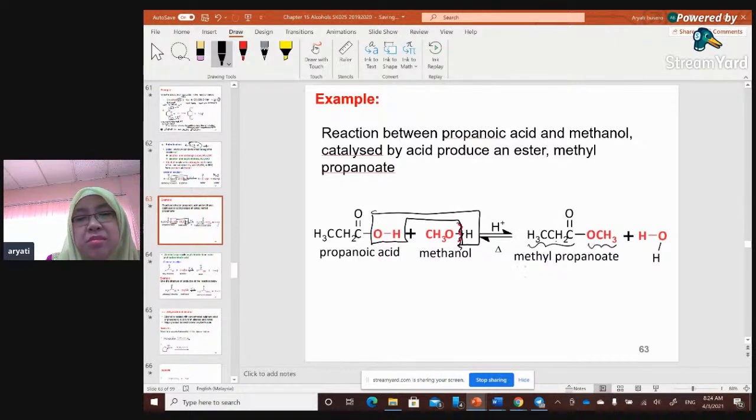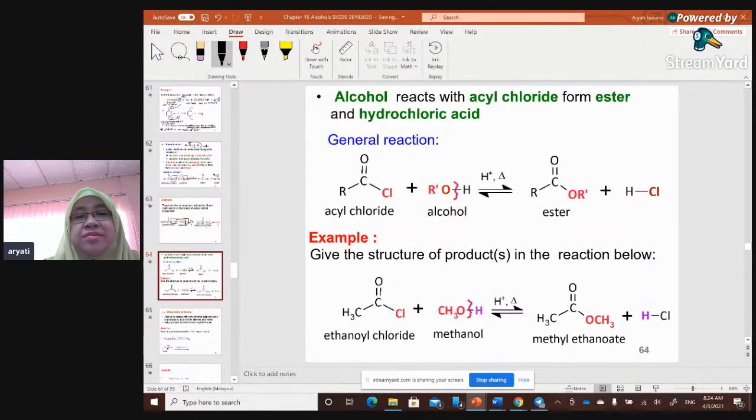So the name is methyl, from the alcohol, propanoate. The side product is H2O. Make sure you can combine them and know where the bond connects.